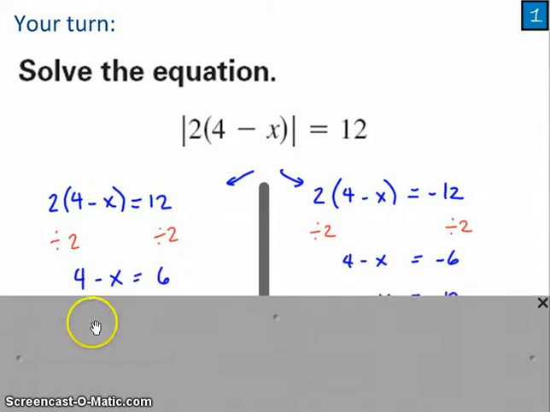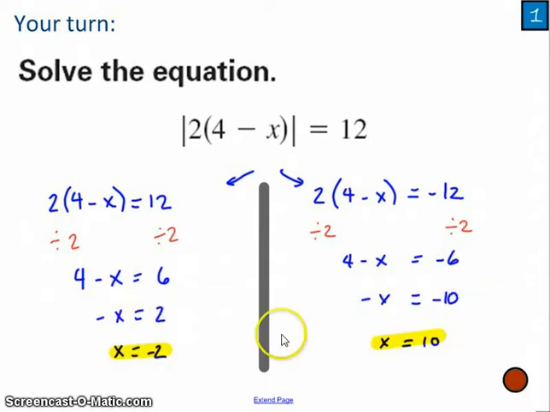So on the left side, I now have, and I recommend that you consider this because sometimes it's faster, 4 minus x on the left, and on the right I've got 6. And here I've got negative 6 on the right. Now it solves the way it had before. X equals negative 2 or x equals 10 are the correct solutions, but you can double check those by plugging them back in for x.